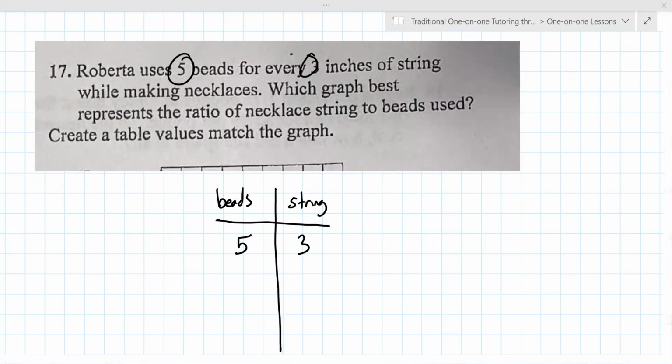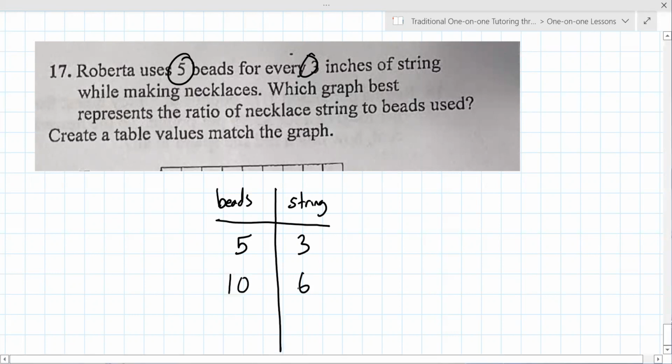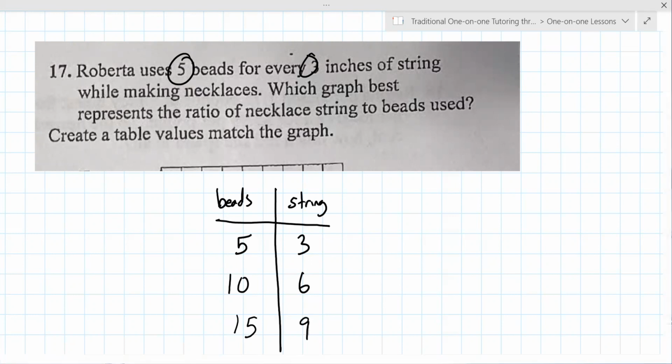Notice if we were to double each of these, we would get another data point. And then if we were to triple the original number, it would be 15 and 9. So you're looking for the graph that matches up best with this.